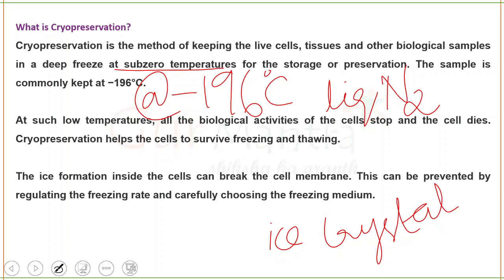They will pierce the cell and kill it. This is what happens when you store the cells at a very, very low temperature. So what happens which is different in cryopreservation?